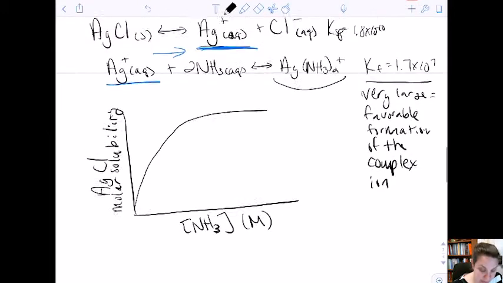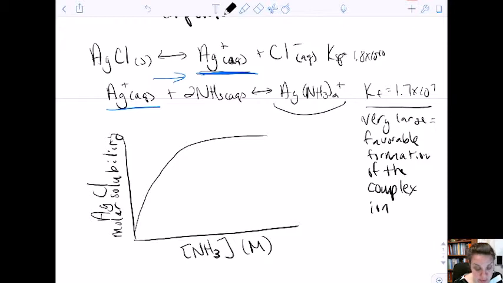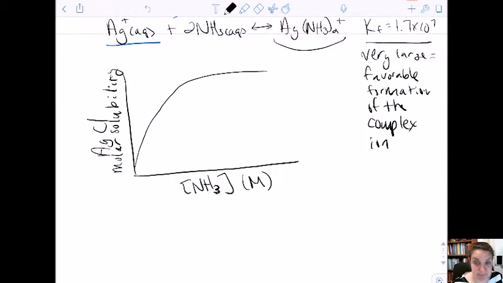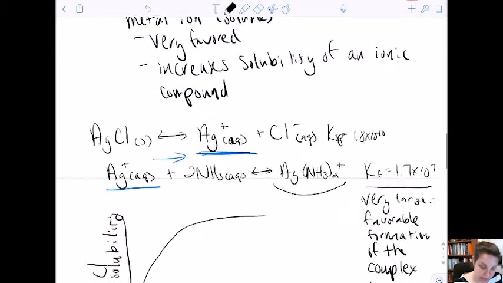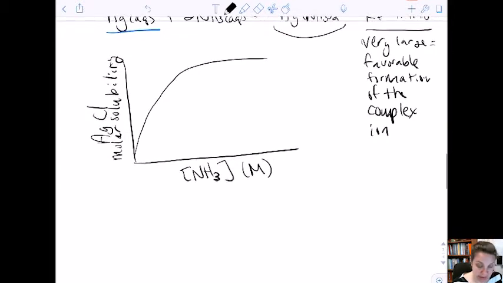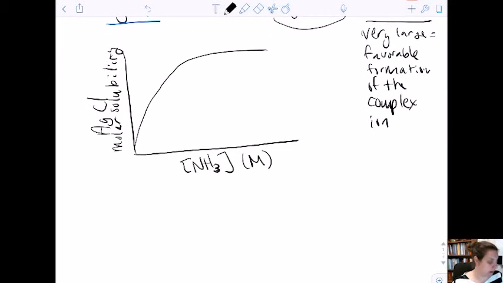That's because as we add more in, we're shifting our equilibrium towards soluble, forming this complex ion. Okay. So those are the ways that we can look at solubility and how we can impact solubility of an ionic compound. So either through common ion effect, pH, or complex ion formation.